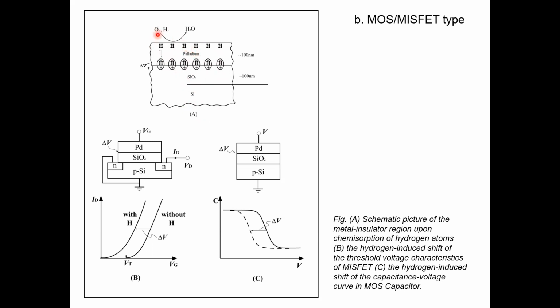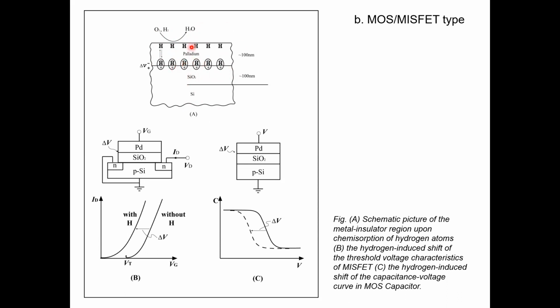If you're using this in an environment of oxygen, hydrogen, and H2O, then hydrogen will absorb on the palladium, dissociate into atomic hydrogen, and diffuse through the thin palladium layer, come to this interface and make a so-called dipole. And this dipole will actually change the Schottky barrier at this interface.